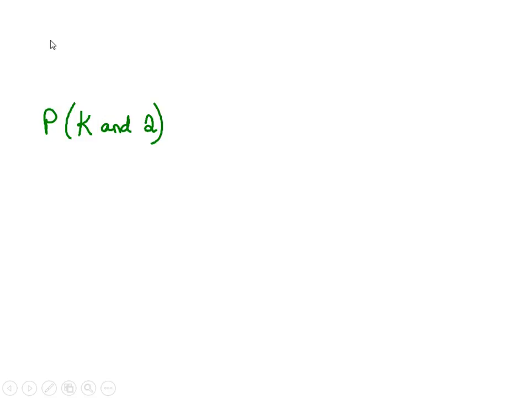What are we going with? I'm hearing discussion. I'm letting you discuss it out before you give me an answer. What is the probability that I get a king and a 2? You can talk about it amongst yourselves.